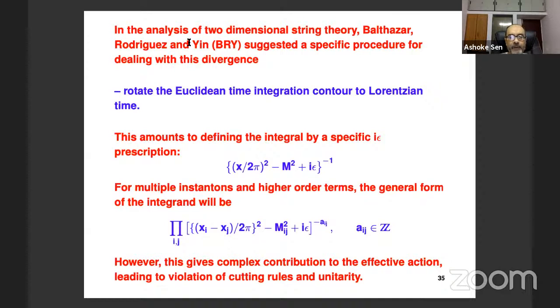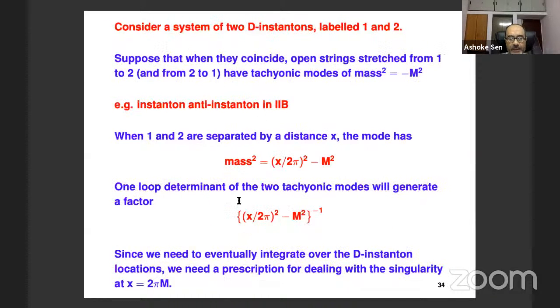So this problem was encountered in the analysis of two-dimensional string theory by BRY, and they suggested a specific procedure for dealing with the divergence. And that procedure was to rotate the Euclidean time integration contour to the Lorentzian time integration contour and define the integral that way. So in that case, you basically replace (x/2π)² by minus (x/2π)². So there is no singularity.